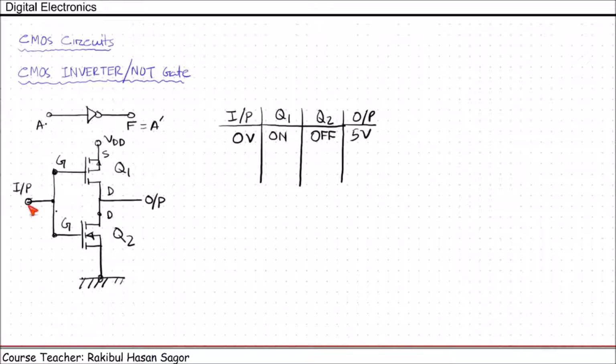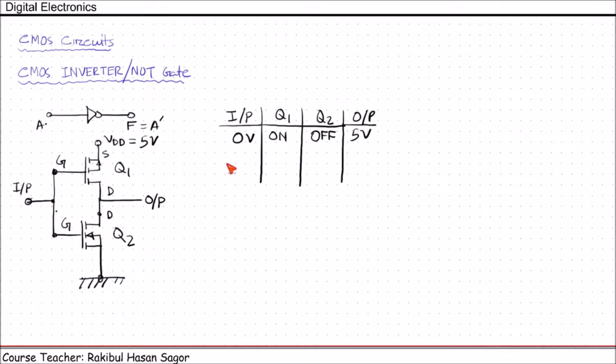So when the input is 0 voltage, Q1 is on, Q2 is off, that means it is disconnected, and the output voltage will appear as VDD because it is short circuited. So output voltage will be 5 volt if we provide VDD equals 5 volt.